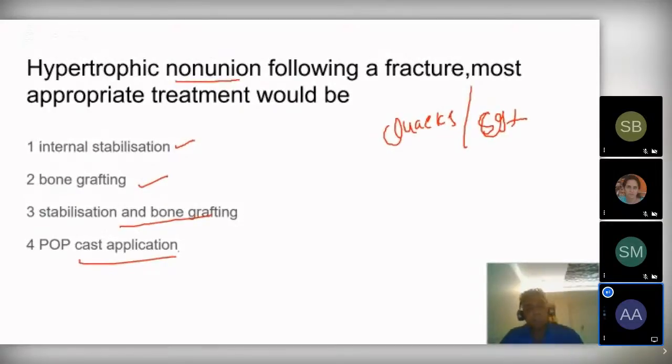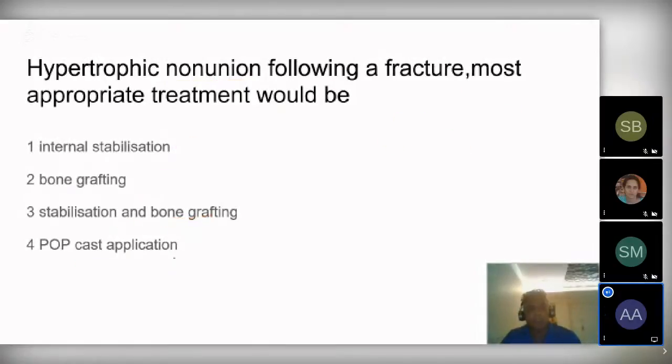See, the choices are very interesting. POP cast definitely no, because he has already exhausted the way of immobilization. So this is not a choice. So what he has given here is hypertrophic non-union.